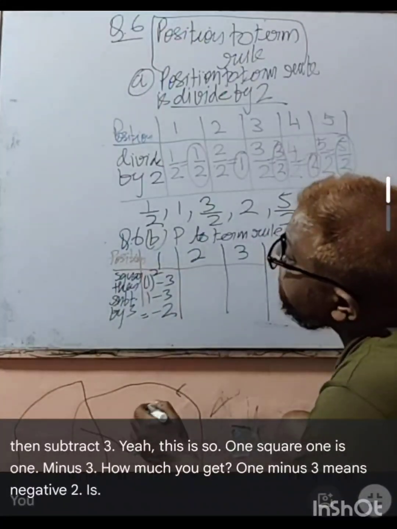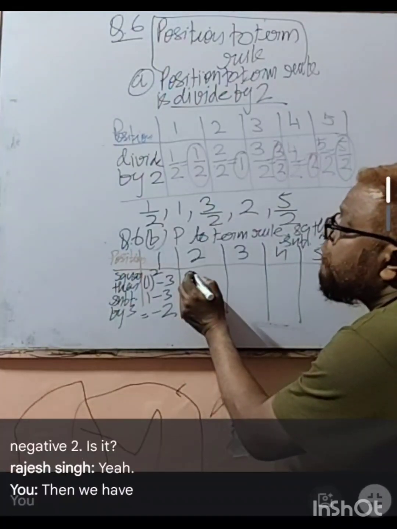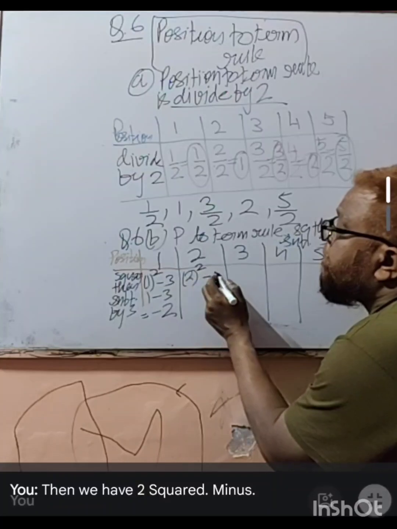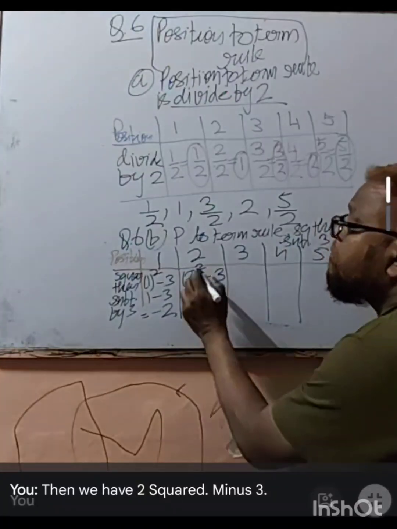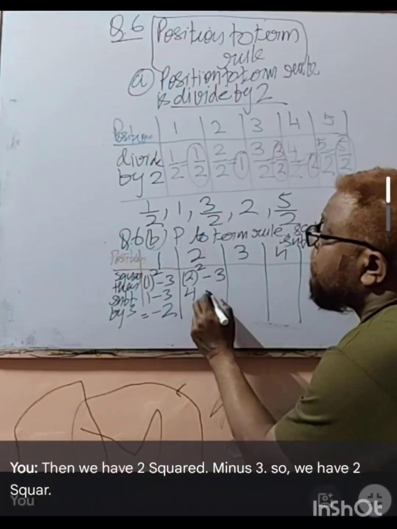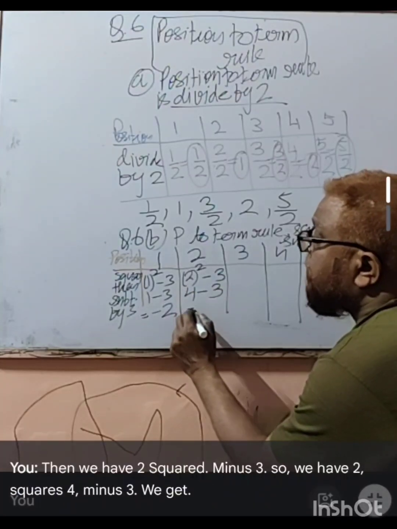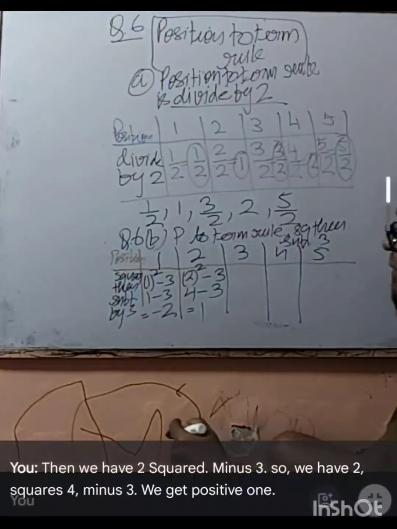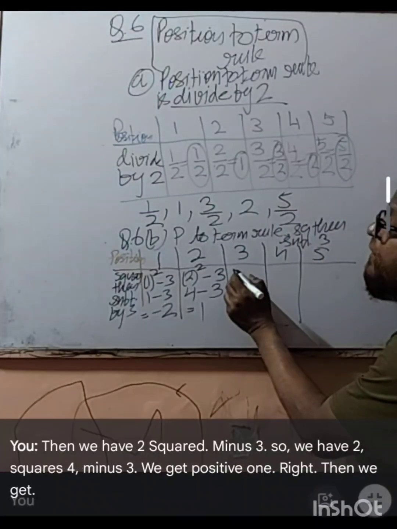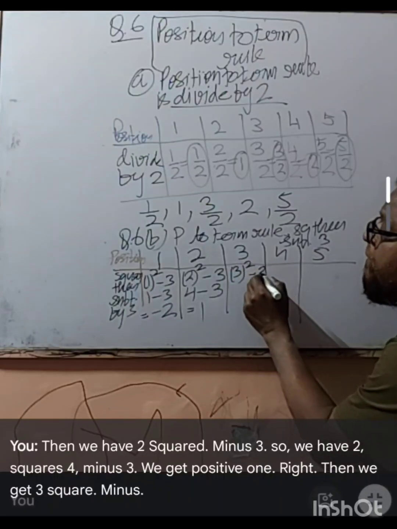Yeah. Then we have 2 square minus 3. 2 square is 4 minus 3. We get positive 1. Then we get 3 square minus 3.